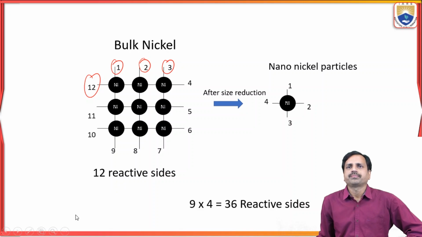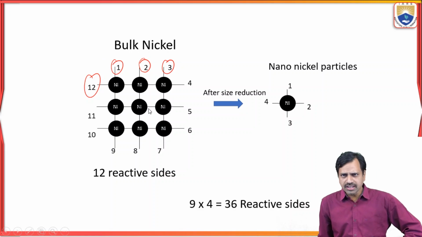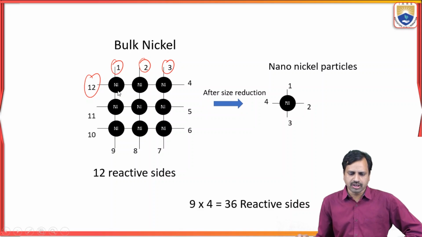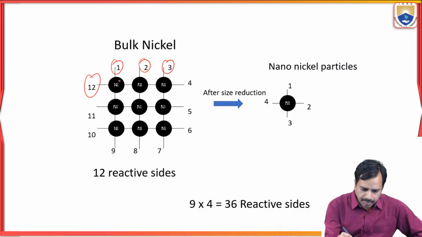So we can see, if we take the nickel, normal bulk nickel, means the nickel which is at a normal size, there are 12 active sites for this one. The same nickel, if we bring it down after size reduction, means we are cutting this particle.